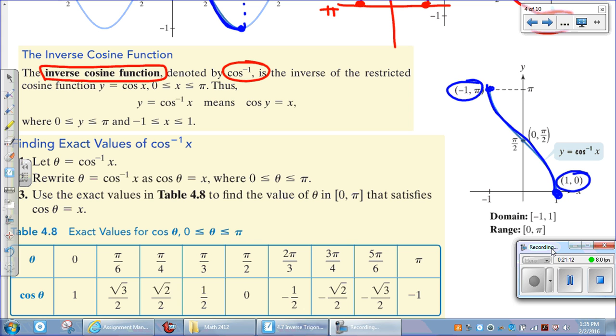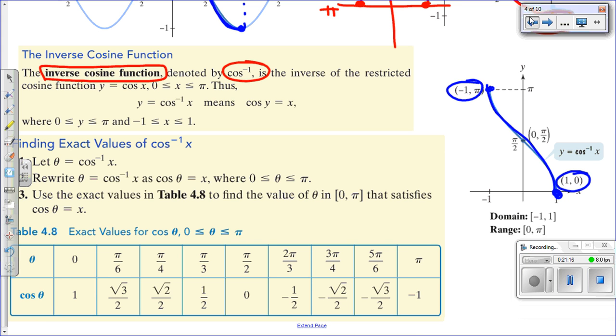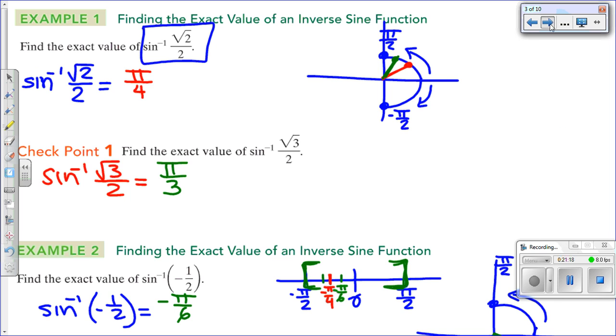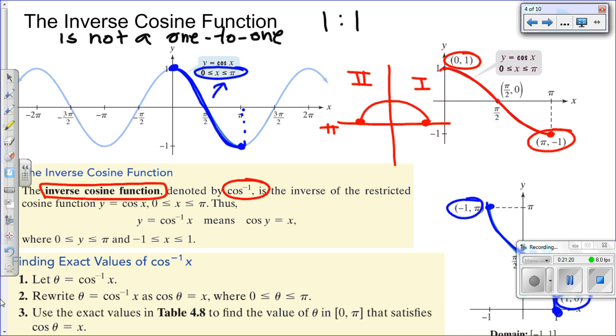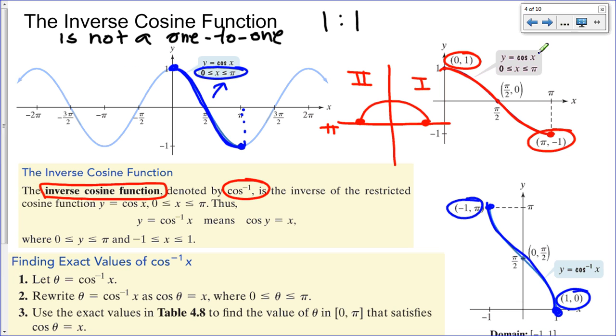So for the restricted cosine, the domain is from 0 to pi. What will be the range, guys? What's the smallest y value here? From negative 1 to 1. Yes.